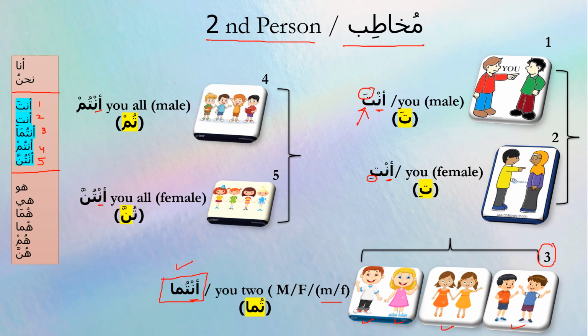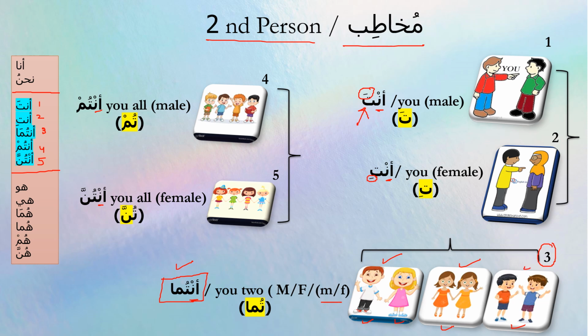Because this is very important. In Ghaib there are two pronouns for duals, used differently for males and for females. So it's not like that in the second person here. Only one pronoun can be used for all these three categories.